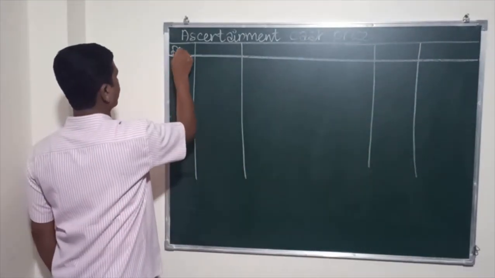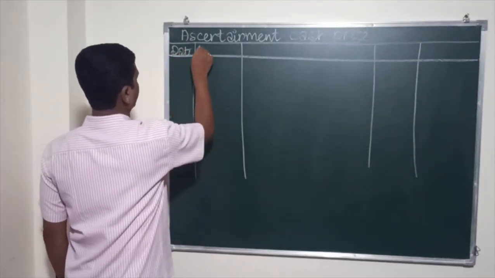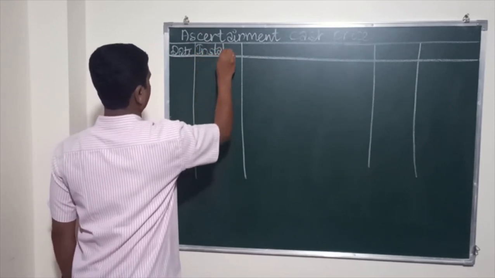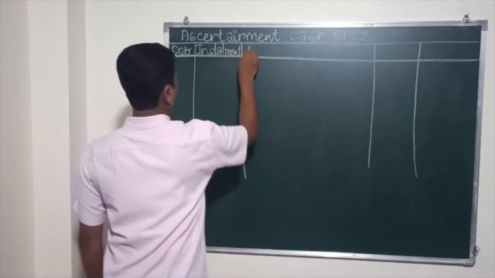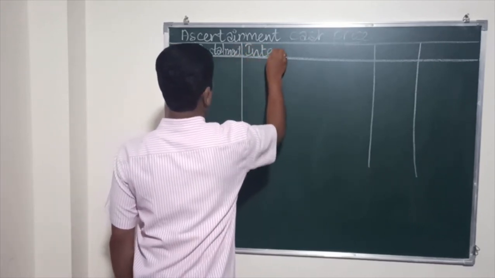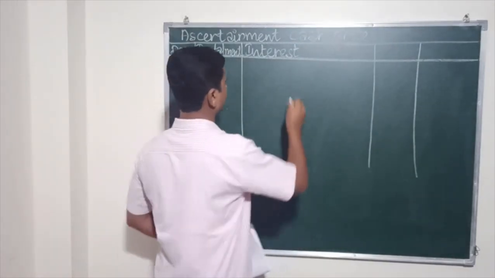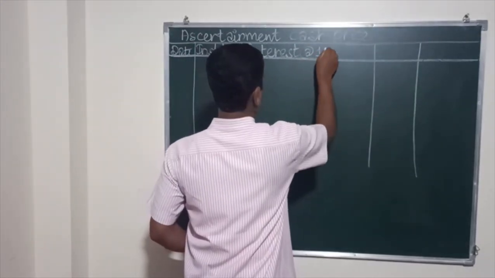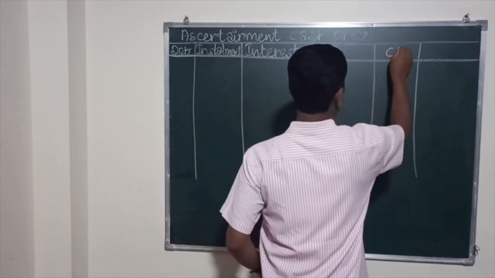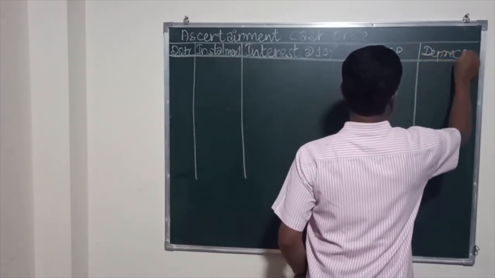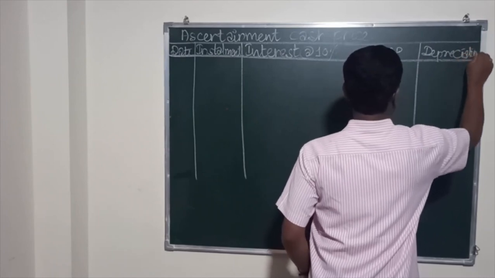It is meant for date here, then installment, then interest at the rate of 10%, which is given in the problem, whereas the rate of depreciation is at 20%. So this is the cash price, then depreciation. We can calculate depreciation only when we find the cash price here.